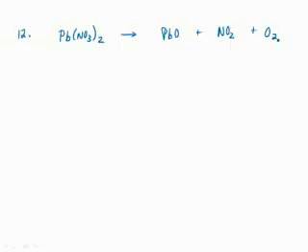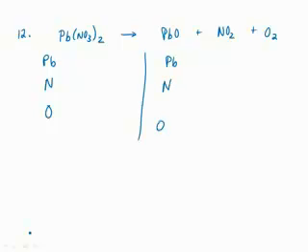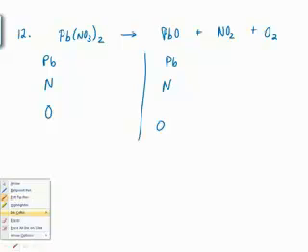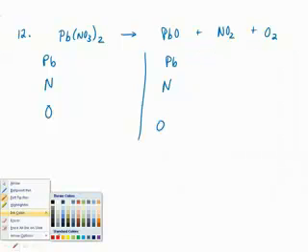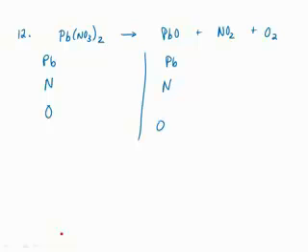Okay. Again, I have lead, nitrogen, oxygen as my elements. Okay, and we'll change our pen color. Okay, on this side I have 1 lead, I have 2 nitrogens and 6 oxygens.